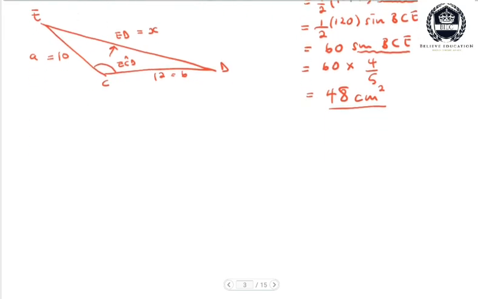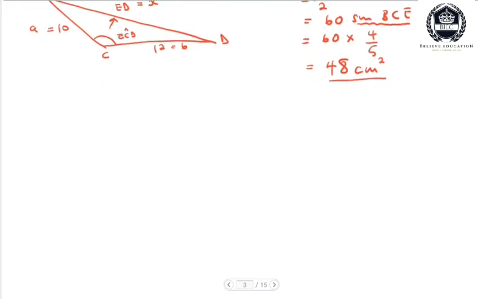Now here we will be using the cosine rule, which says X squared is equal to A squared plus B squared minus 2AB cos theta.